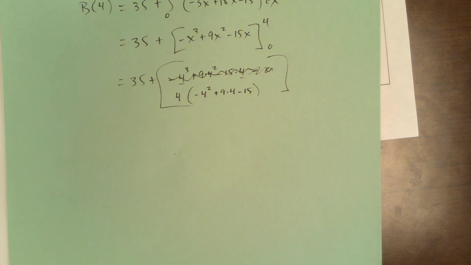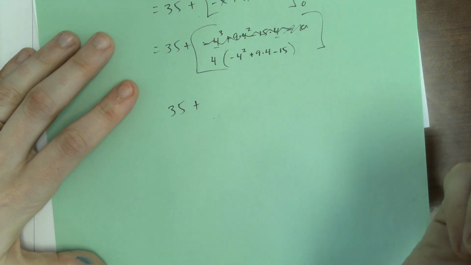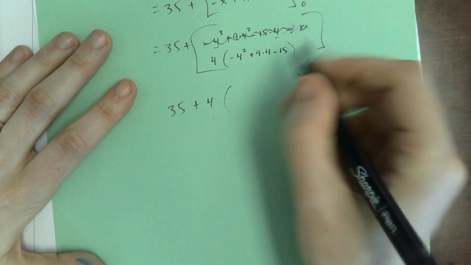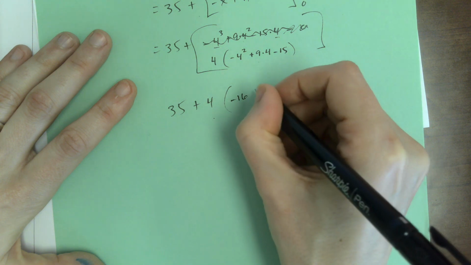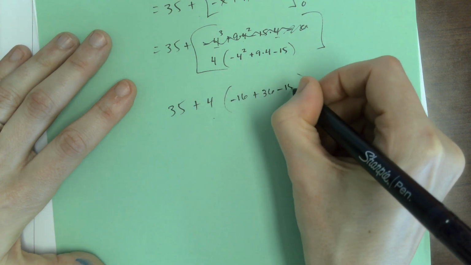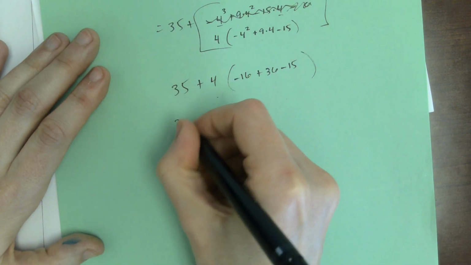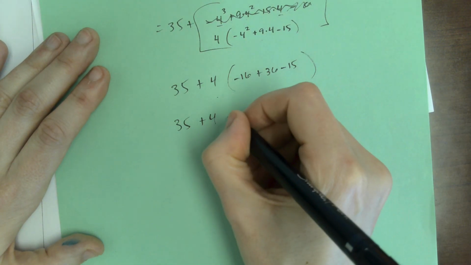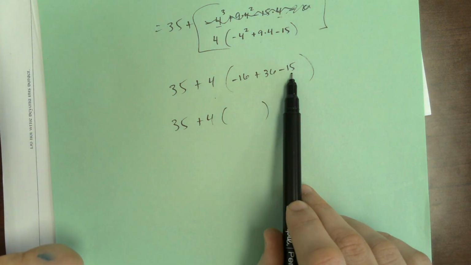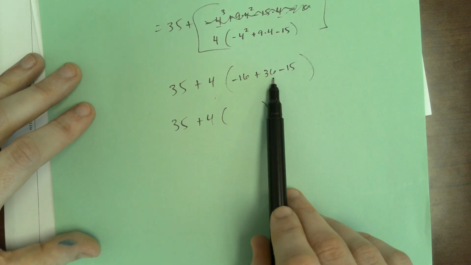So this is 35 plus 4, and then what's going on in here? This is negative 16 plus 36 minus 15. Negative 16 and negative 15 makes negative 31 plus 36.